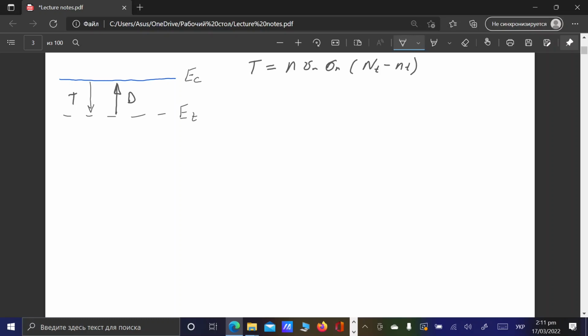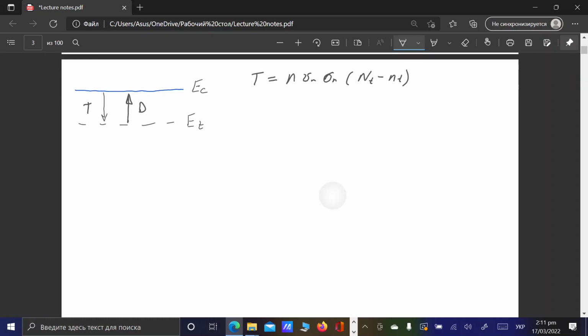So this will give us the number of trap events per unit time per unit volume. So now detrapping.